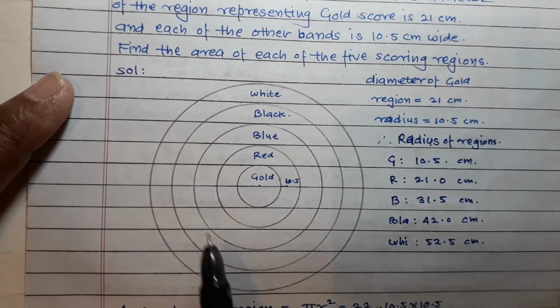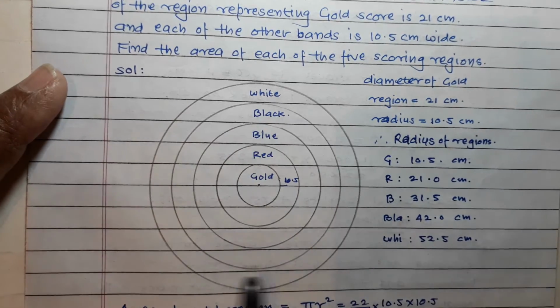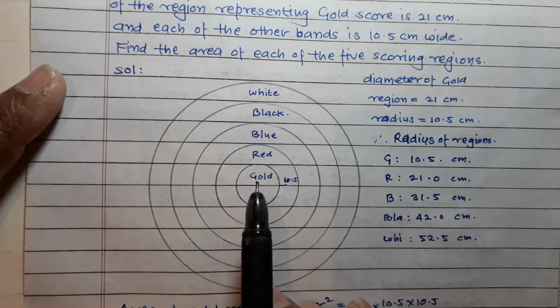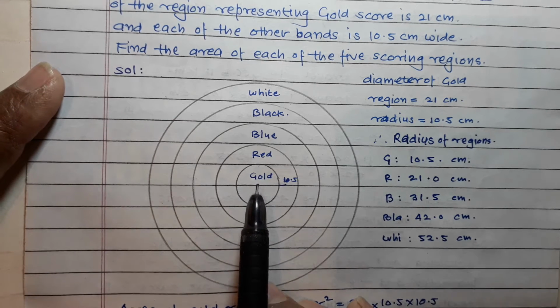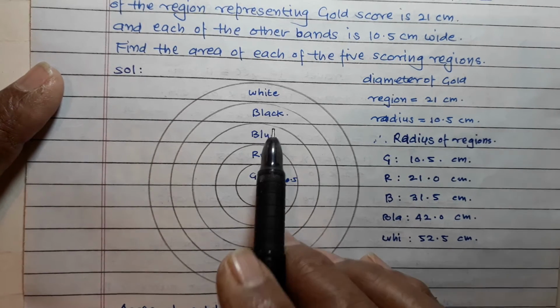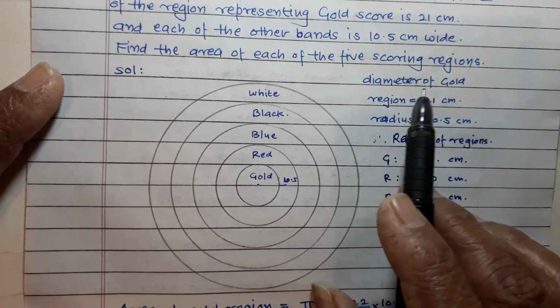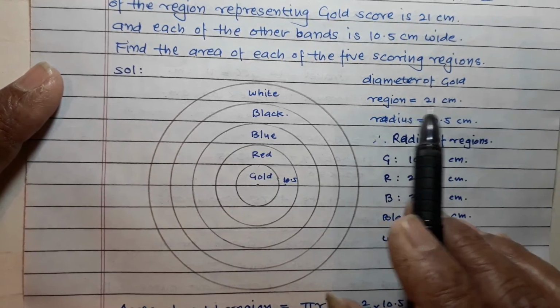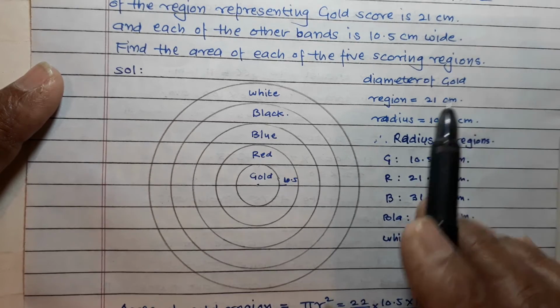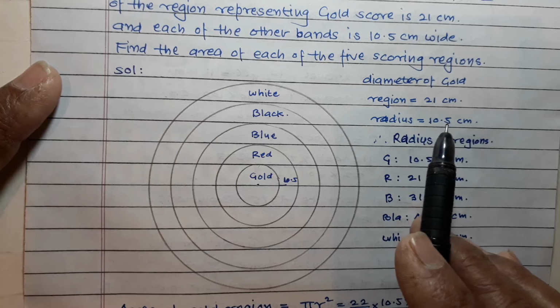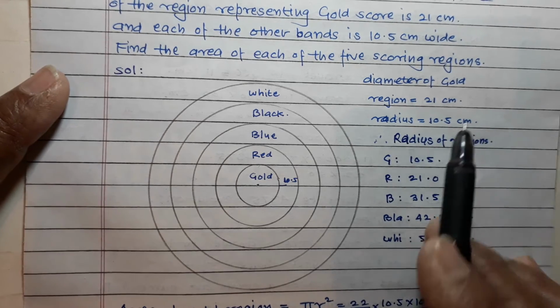Okay, now this is the target. The first ring is gold, second red, blue, black and white. Diameter of gold region is equal to 21 centimeter and therefore radius is equal to 10.5 centimeter.